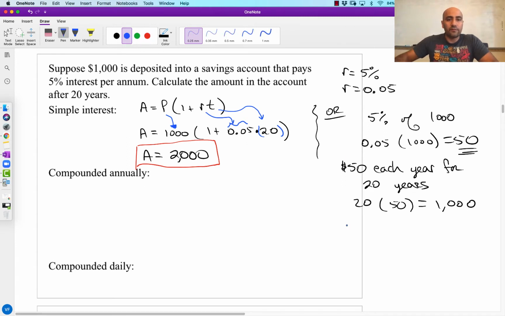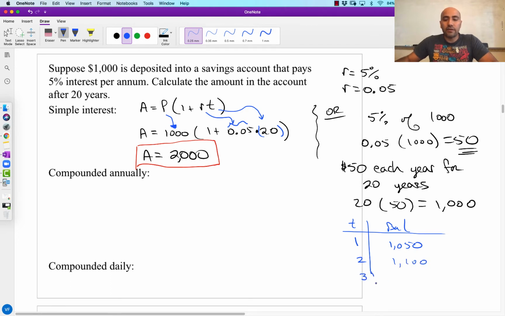Right, so let me put it over here. With simple interest, let's put T over here, and then the balance. At the end of year one, you're going to have $1,050. You made $50 in interest. At the end of 2 years, you'll have $1,100 because you add an extra $50.